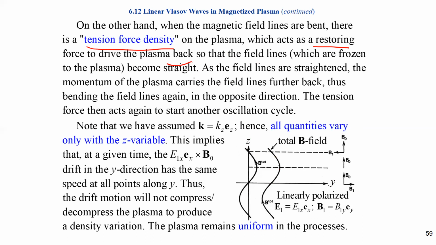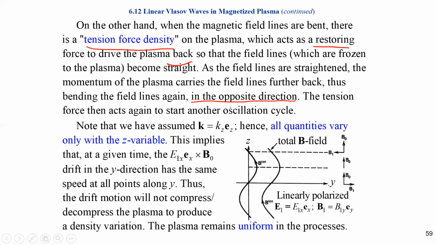As the field lines are straightened, the momentum of the plasma carries the field line further back, because straightening overshoots a bit, thus bending the field line again in the opposite direction. Too much again. The tension force then acts again to start another oscillation.